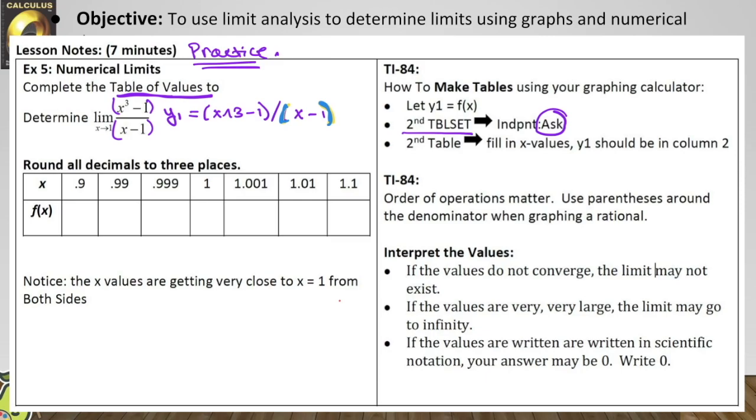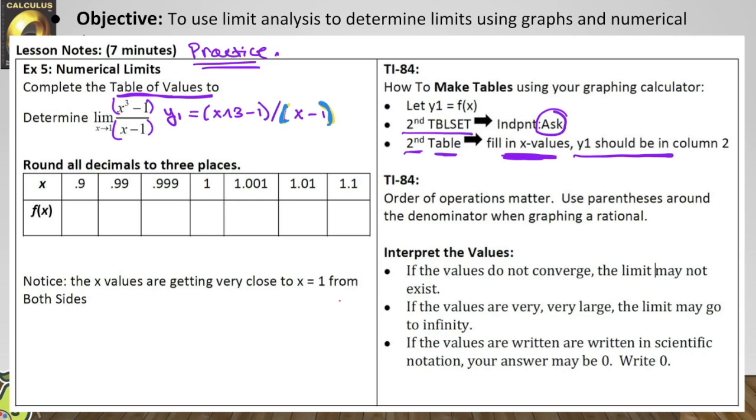So once you've set it for ask, go to second table and we're going to fill in all the x values. Now y1 should be in column 2. If you do not see y1 in column 2, then you're going to have to get a hold of me and I will help you figure it out, or look it up on the internet how to use the calculator for tables. All right, so let's assume all is well and you have your y1 in column 2.